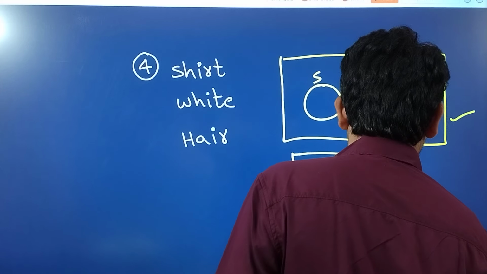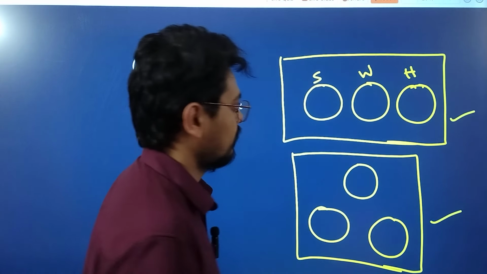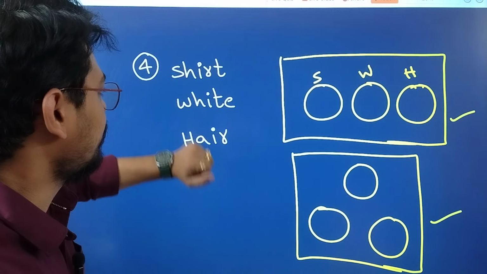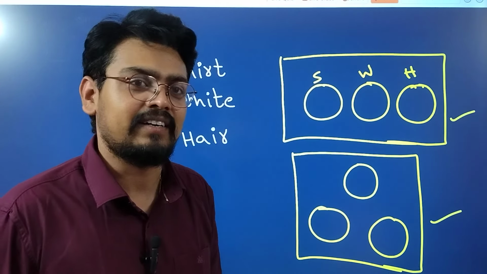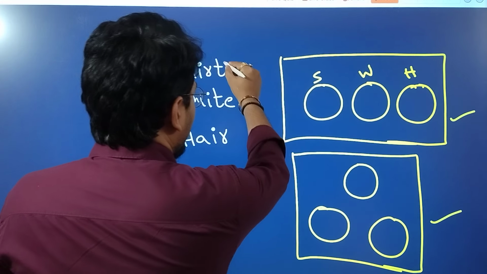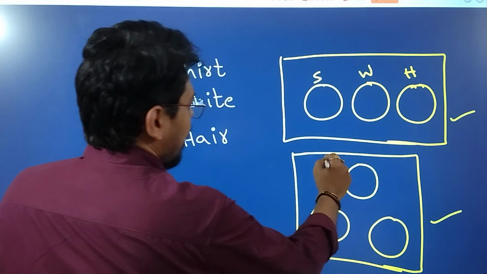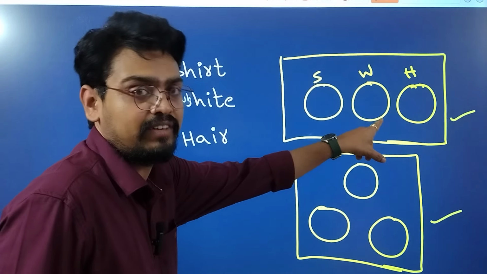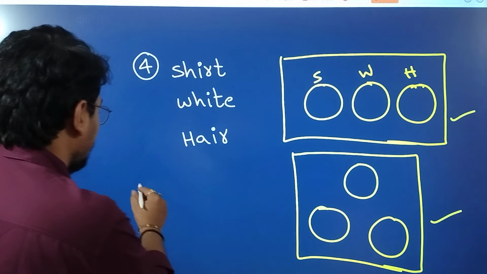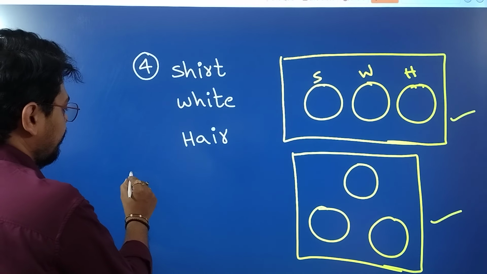So, did you have any doubt here? No, no doubt. You may think that, sir, the shirt may be white, hair also may be white. In that case, if you think this is white among color representation, you have this option. If you do not have this diagram in the options, then you can move to one more thing that I will draw here.